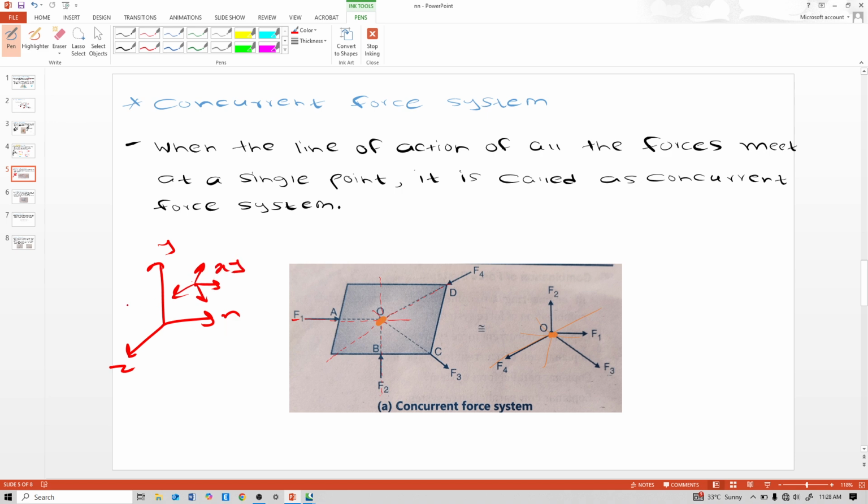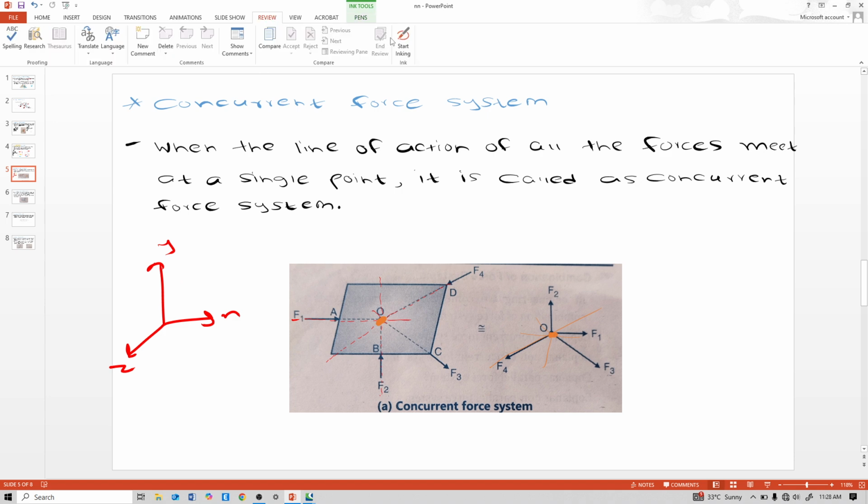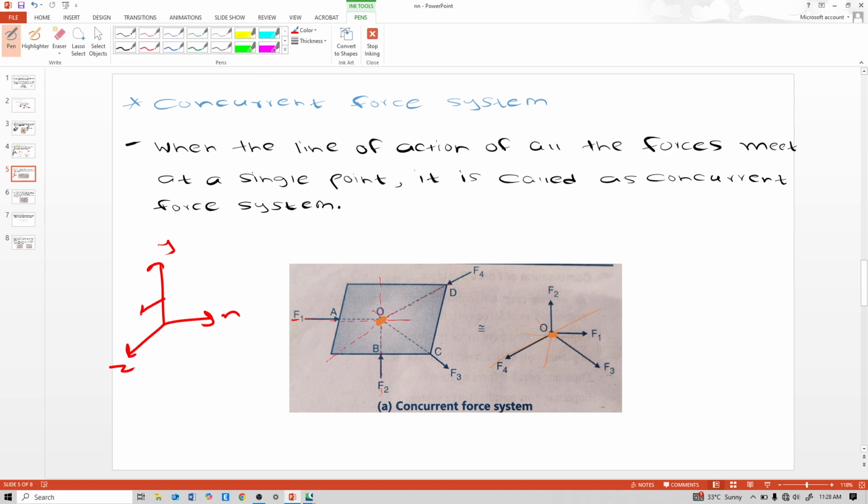If this is acting on the ZY plane also, then that is a non-coplanar concurrent force system. Like this, if it is acting like this, then this is a non-coplanar concurrent force system. Why non-coplanar concurrent force system? Because forces are in the XY plane also and the ZY plane also.